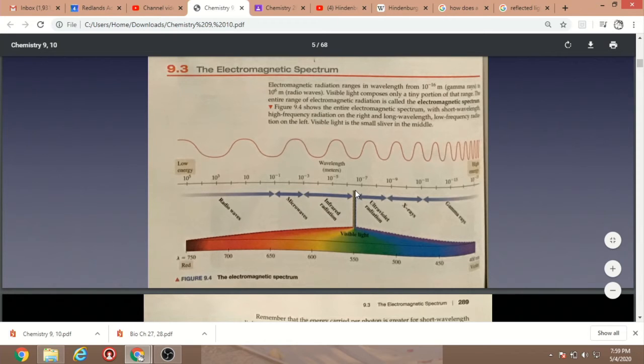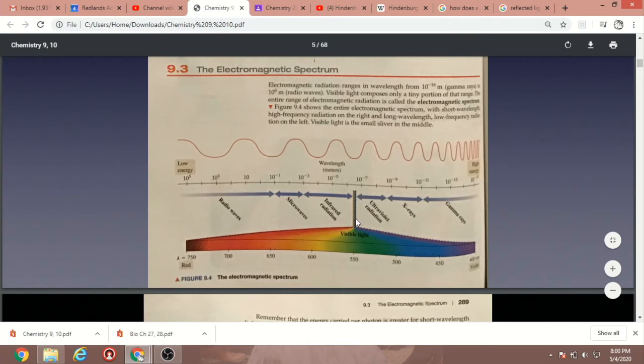Anything outside of that, you can't see. You can't see infrared unless you have special eyes that are engineered by humans. You can't see X-rays. You can't see gamma rays unless you have devices that can translate those to images that you can see. But our eyes can only see visible light in this little short region of wavelength.